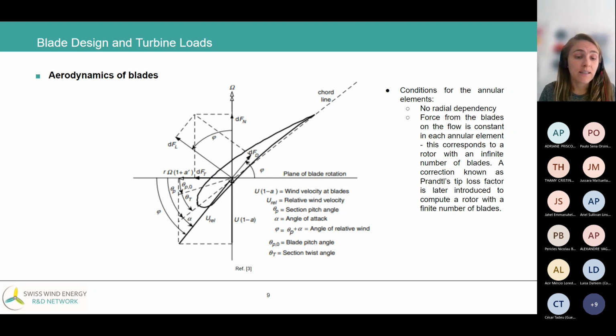Then, the validity of the blade element model is that we don't have radial dependence. What does it mean? That we have a 2D behavior of the flow.